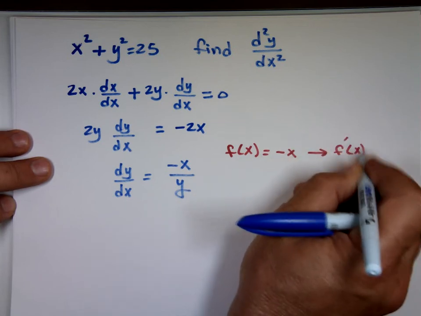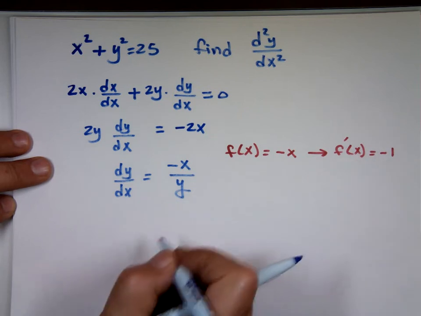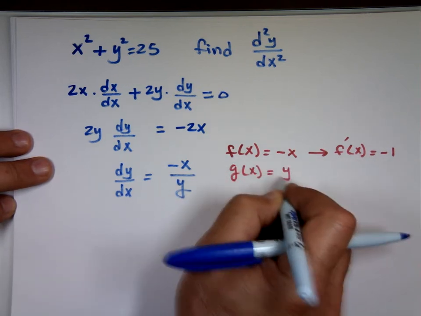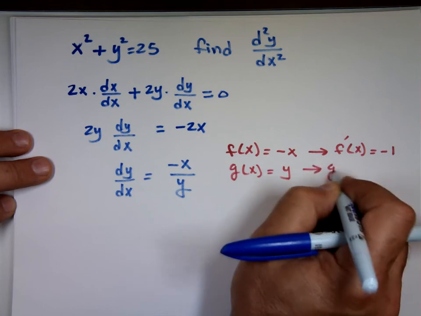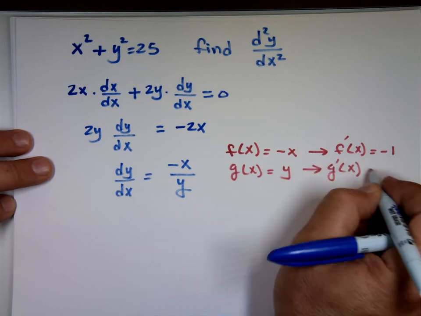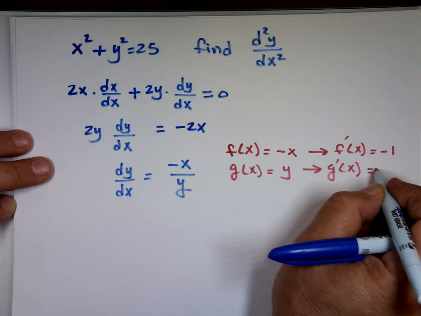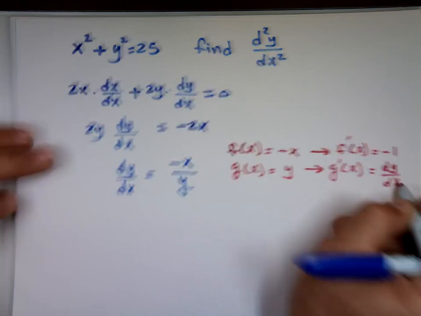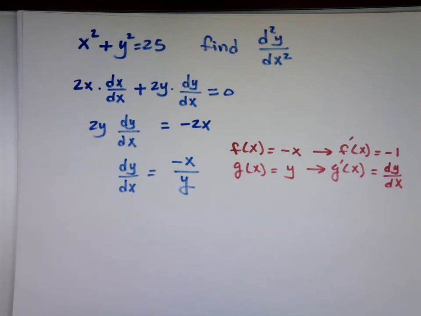Negative 1. Let g of x equal y. And what's the derivative of that? That's dy/dx.